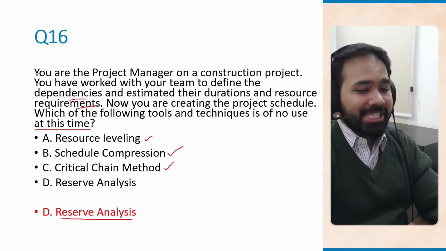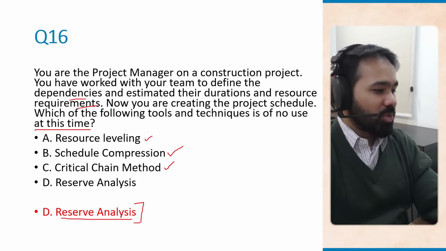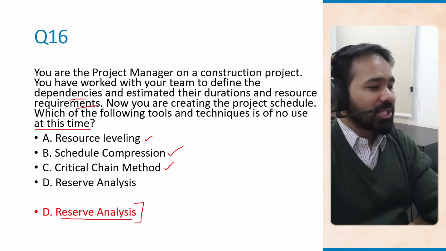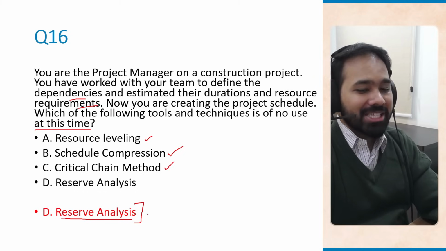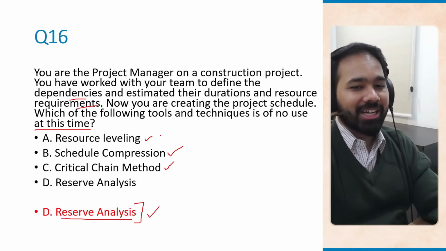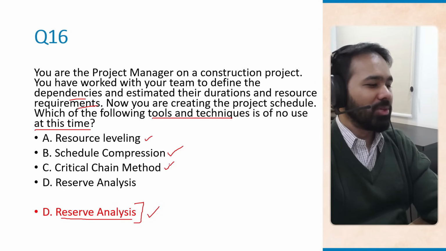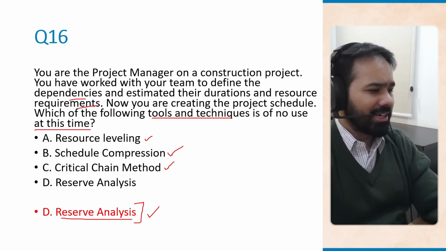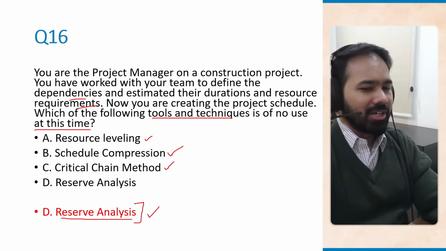Reserve analysis is primarily used for risk management and to determine contingency buffers. So this is not for building the schedule of the project. That is why reserve analysis is the correct answer. This is not a tool or technique to be used when you're planning the schedule.